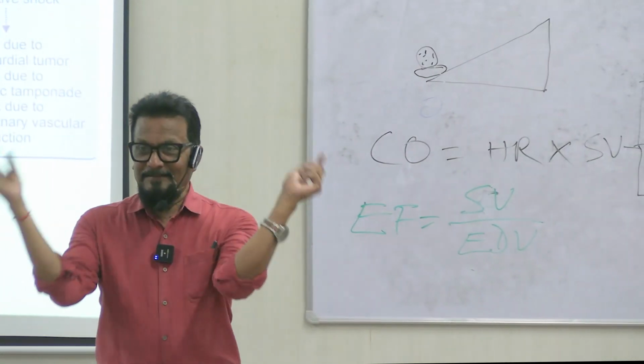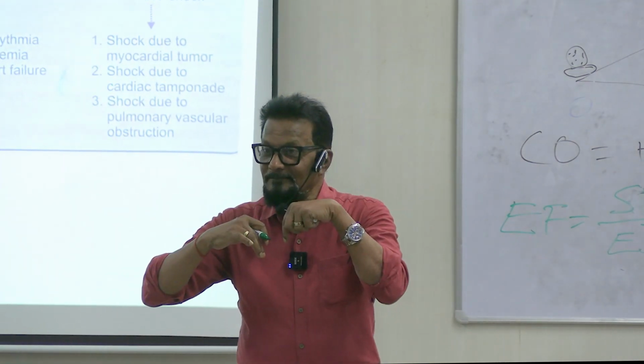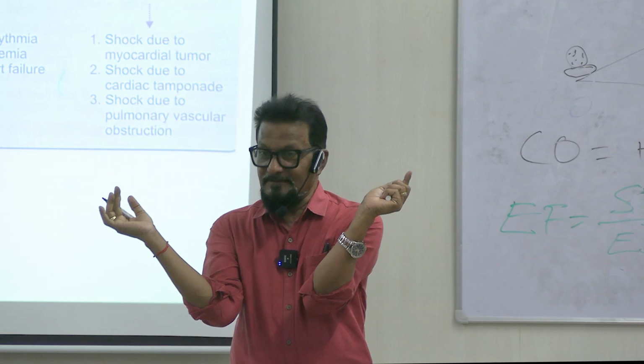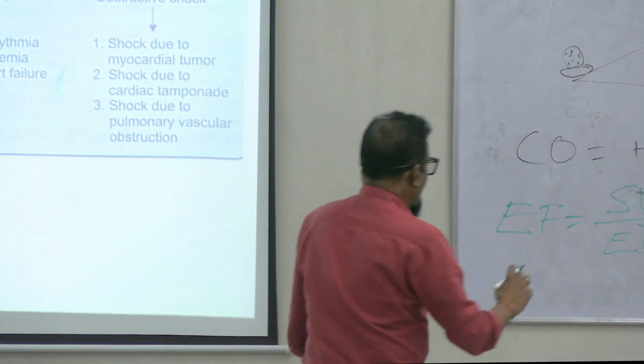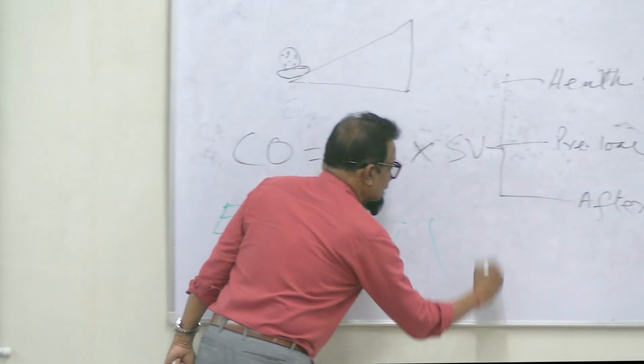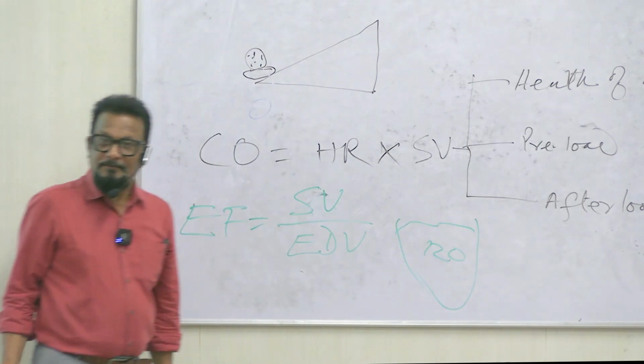Suppose at the end of diastole, before systole, how much blood has accumulated? Say 120 ml. So this is the ventricle, and it has accumulated 120 ml.